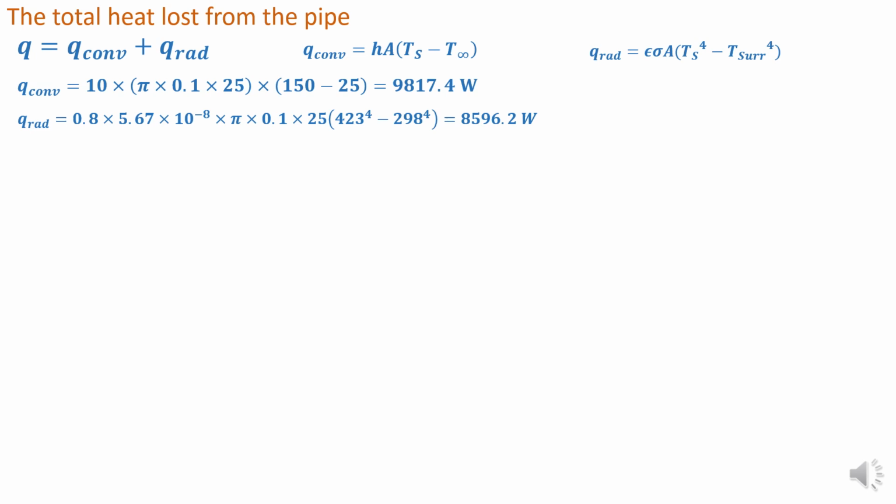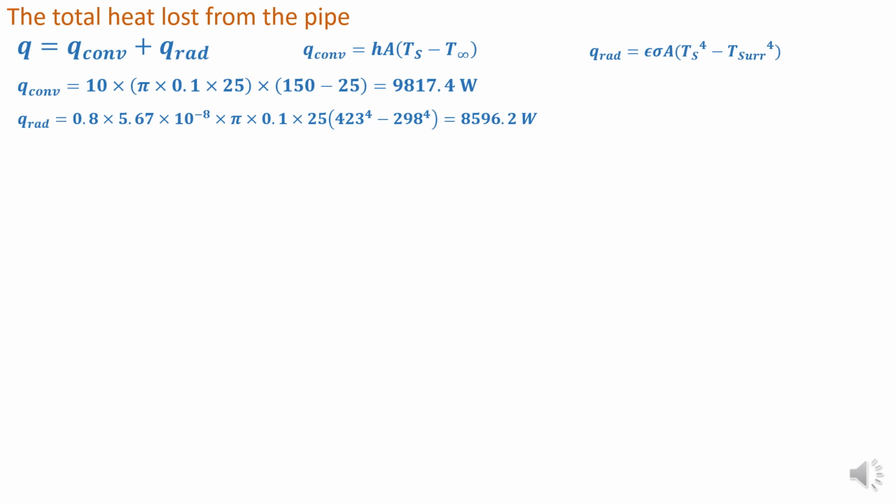8596.2 watts. Now you can solve radiative heat transfer by substituting the temperatures in degree centigrade. If you do so, you will find that the value will differ from 8596.2 watts. This value will not be obtained if you put the temperature in degree centigrade.